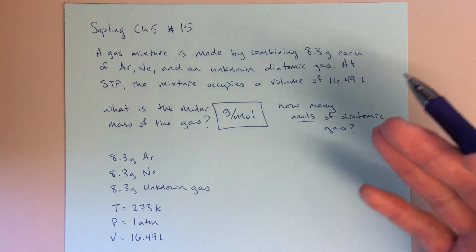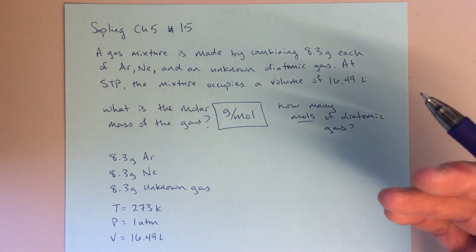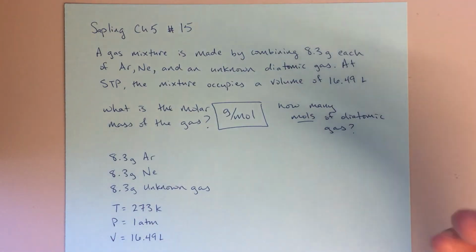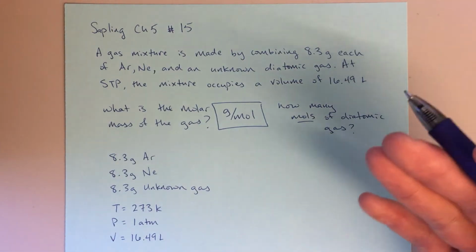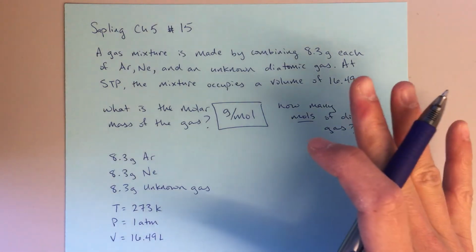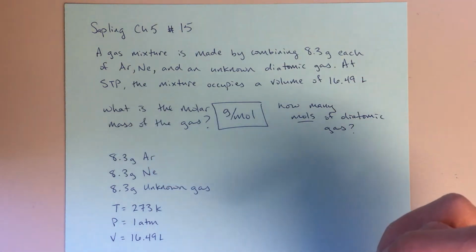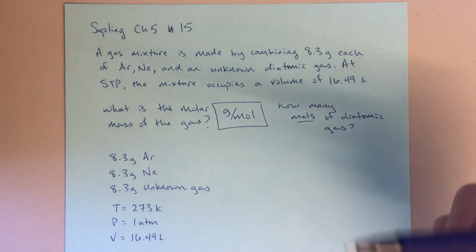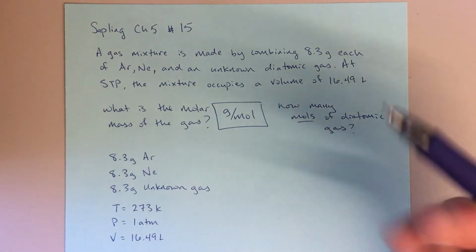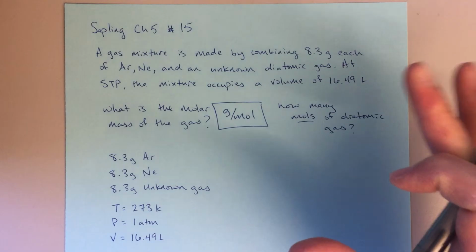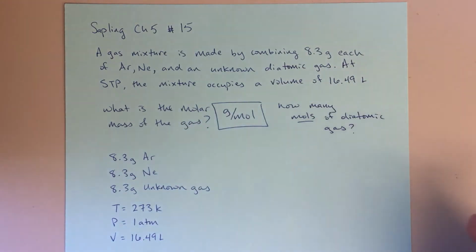So in chapter 6, we say standard conditions or STP, and we're talking about 25 degrees Celsius or 298 Kelvin. So on Sapling, if we see STP, we're going to use 273 Kelvin. And I'll just be very clear about that as we go through this class, what I want you guys to do. But for Sapling, STP 273.